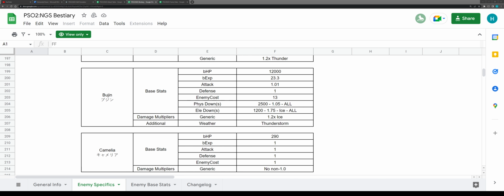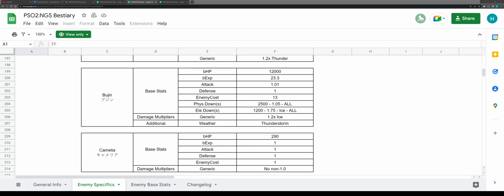So basically it's scaling 75%. If we were to do some quick math, 1,200 times 1.75, increasing it by 75%, you are now going to get 2,100. So every time you down an enemy, its threshold increases. For physical thresholds, it's only going to increase 5%. For elemental downs, it's going to increase 75%.